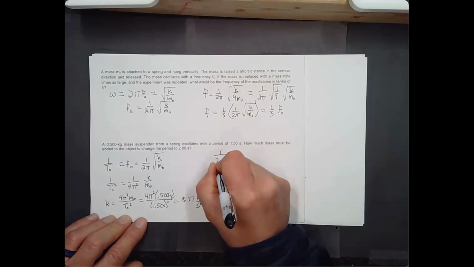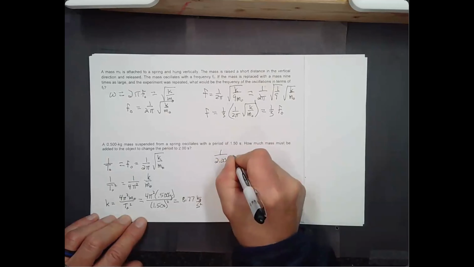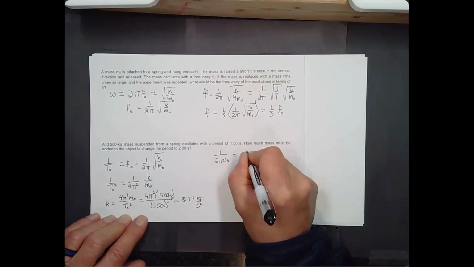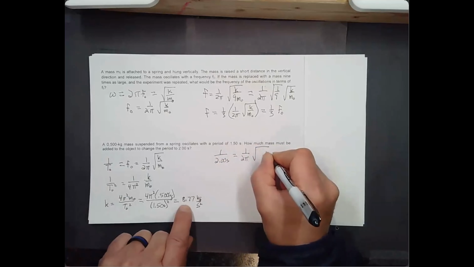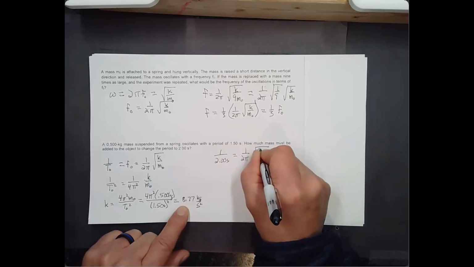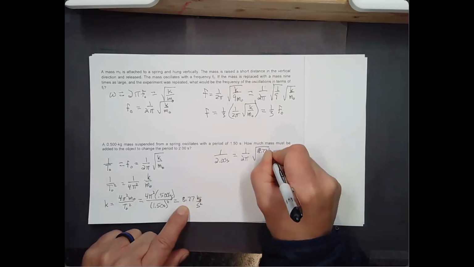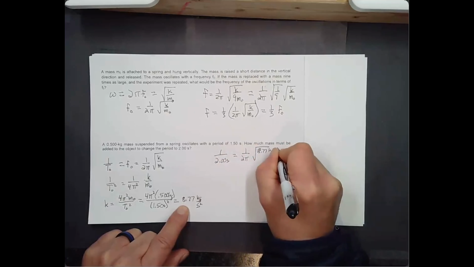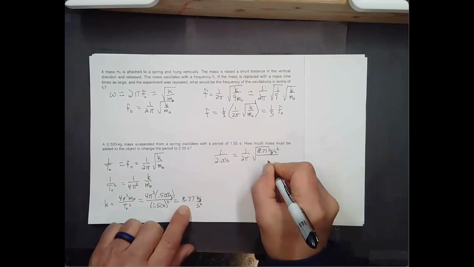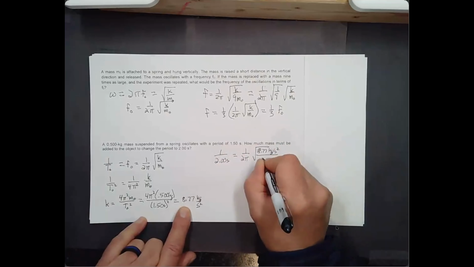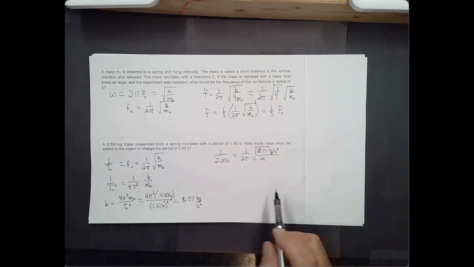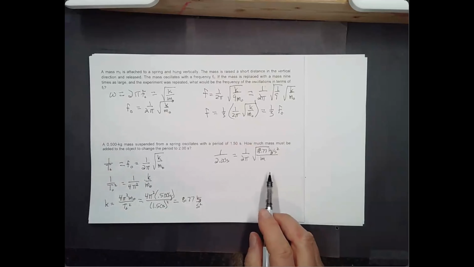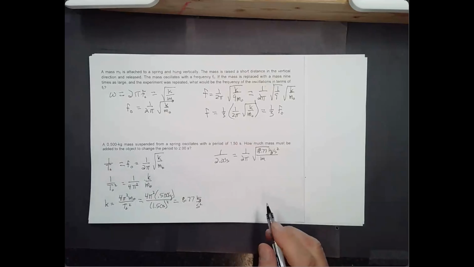The new period is 2.00 seconds, and that will equal 1 over 2 pi times the square root of our spring constant, same spring, and on the bottom, we have some new mass that we don't know. This isn't a bad thing to solve.